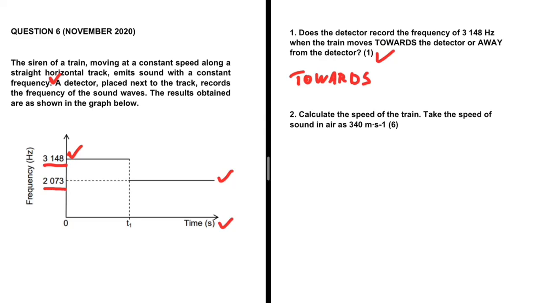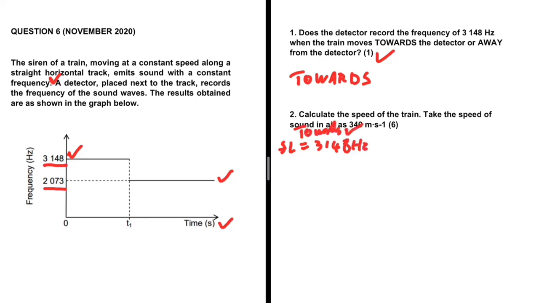When the train is moving towards, we have a frequency of 3148 Hz. So let's see if we can use that to calculate the speed of the train. The frequency which is observed, FL, is 3148 Hz. This is when the train is moving towards.